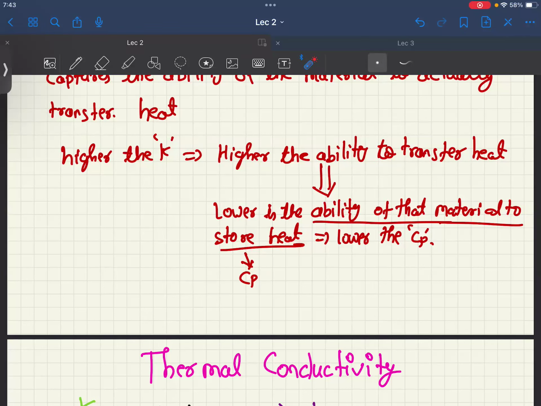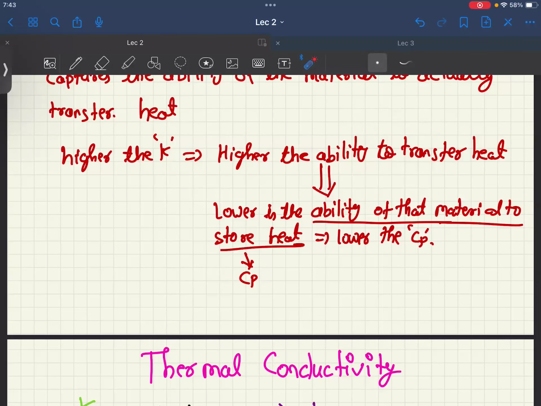So let's say this is some example, some geometry. Here the temperature is T1, here the temperature is T2. So when heat is transferred from here to here, let's say at this cross section or some cross section, the heat has two options. The material has two options for diffusing that heat. Either it can store heat in itself and increase its temperature, or it can transfer heat across this surface area to the next surface area.